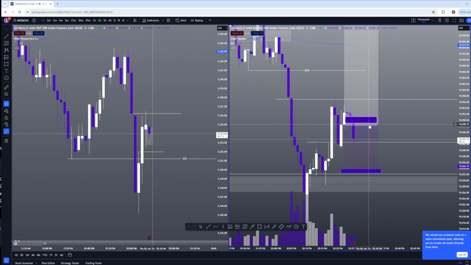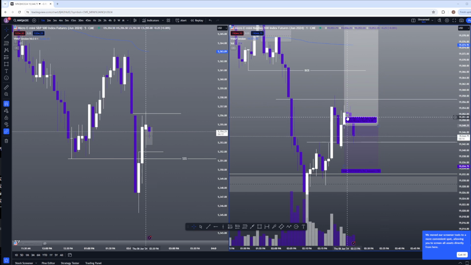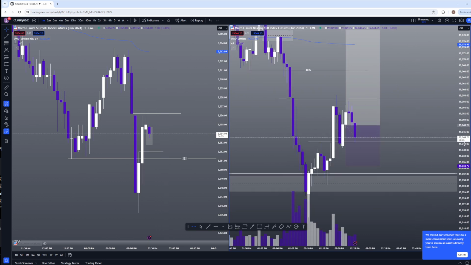And this is why I don't want to chase the longs, right? Because then you get something like this where we just chop for a little bit and we come back down. We're going to manipulate one more time before making that pump.